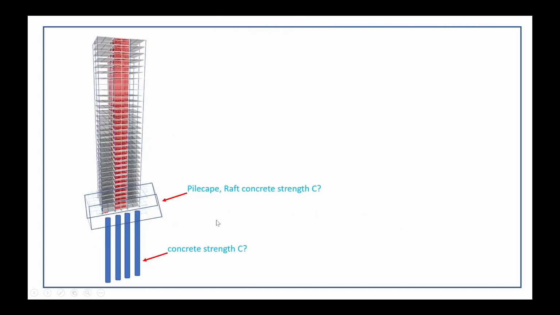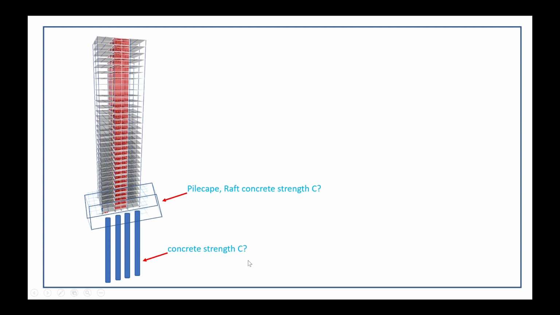Now let's talk about the concrete strength of the bored pile and the pile cap. What concrete strength should we use? For the pile cap, you should use concrete strength higher than the column, or at least equal to the column strength.